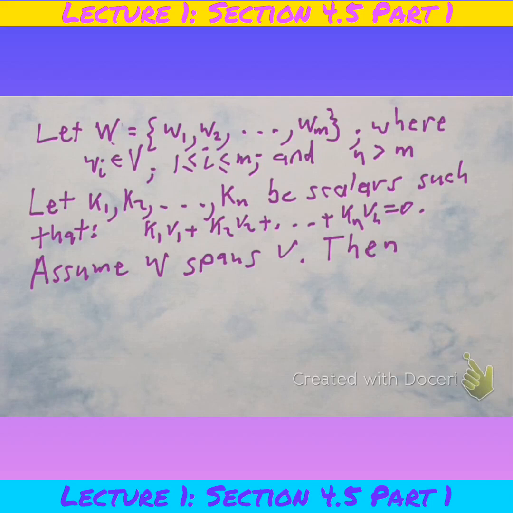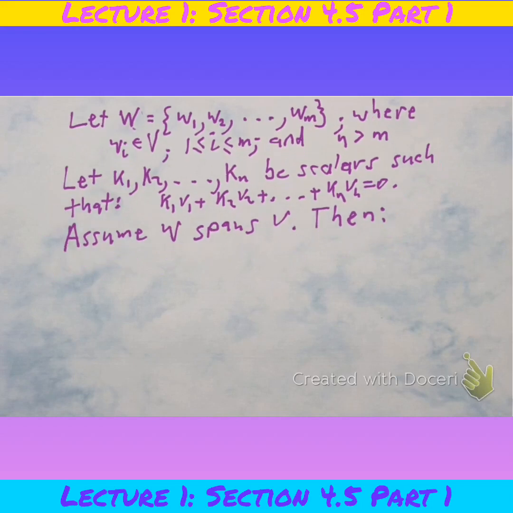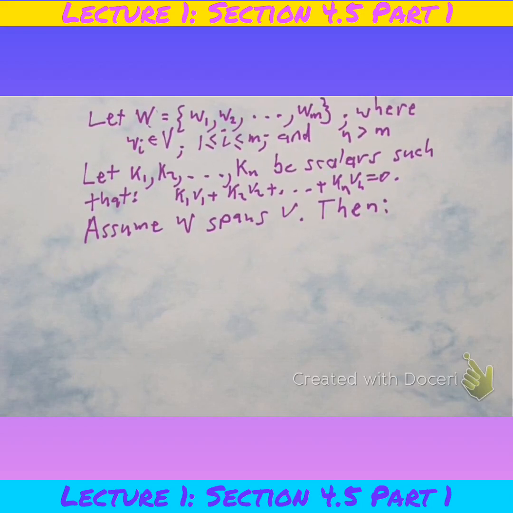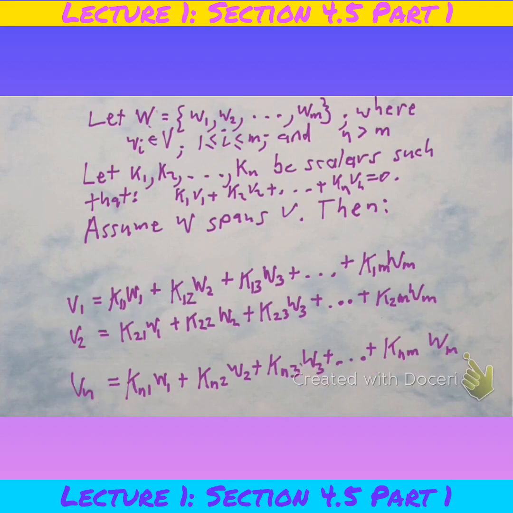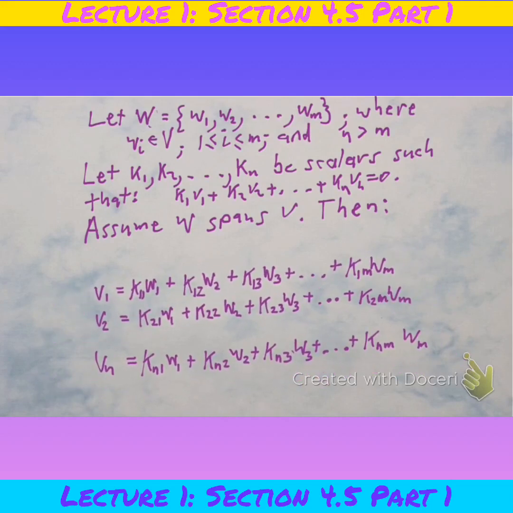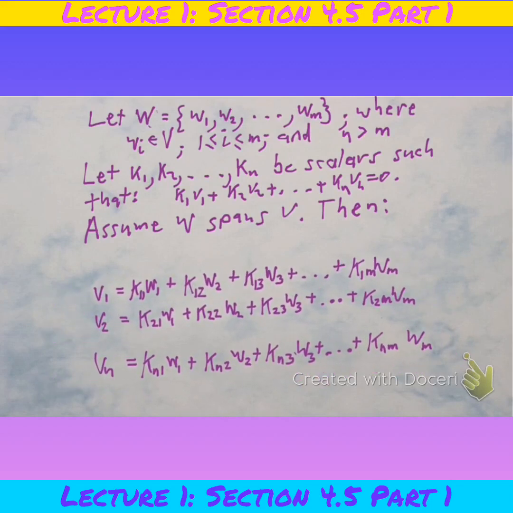It means that we can express every vector in V as a linear combination of vectors in W. So let us set up my system of equations, because we can write every vector in V as a linear combination of vectors in W. There we've got our linear combination expressions.